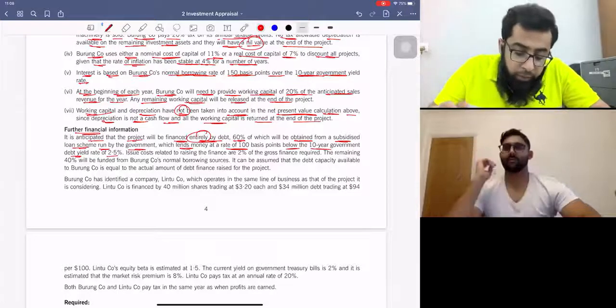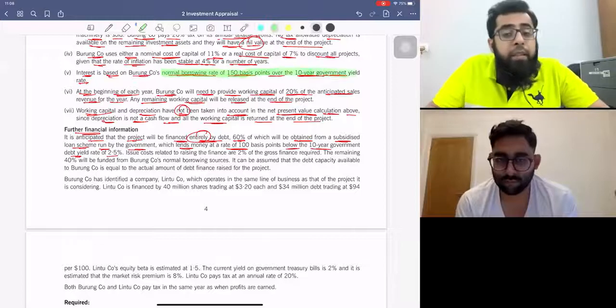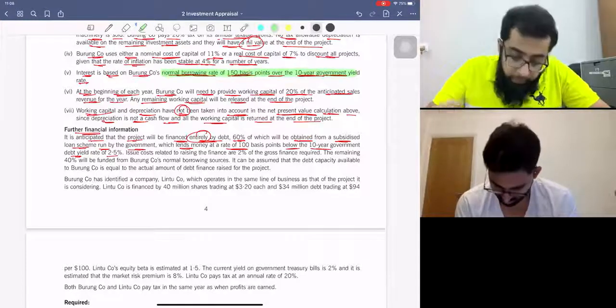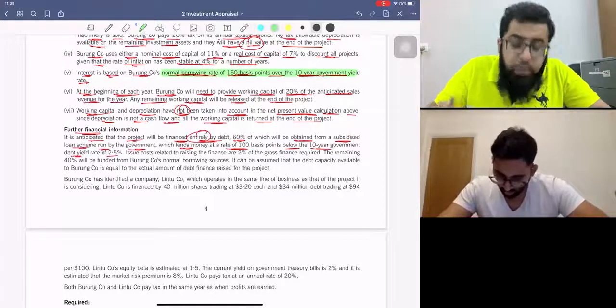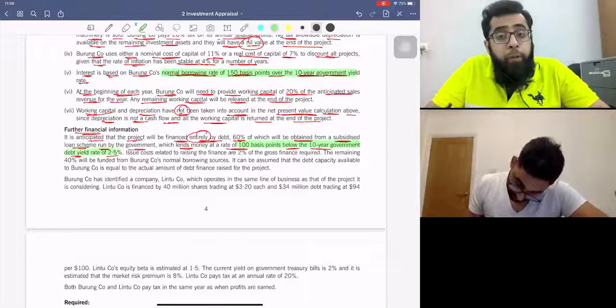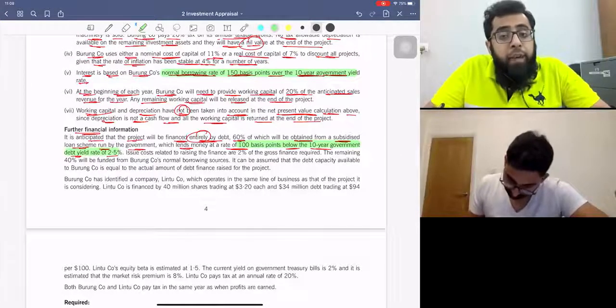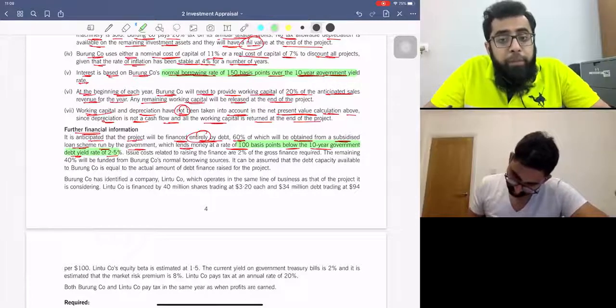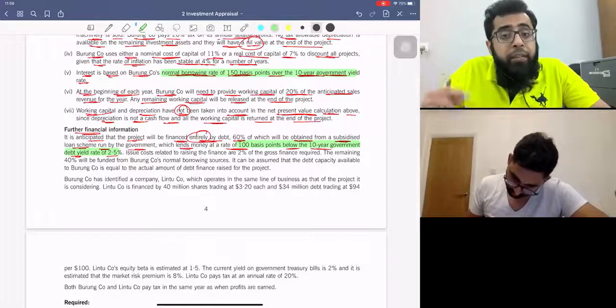Our normal borrowing rate is 150 basis points above the government yield. And the subsidized loan is 100 basis points below the 10-year government yield. The government rate is 2.5%. So the subsidized loan rate is 2.5 minus 1, which is 1.5, whereas the normal rate is 2.5 plus 1.5, which is 4.